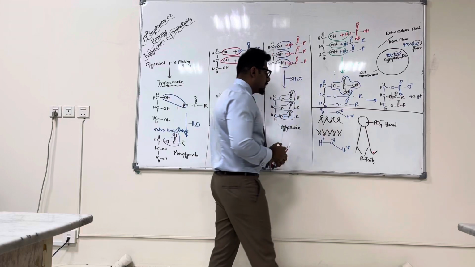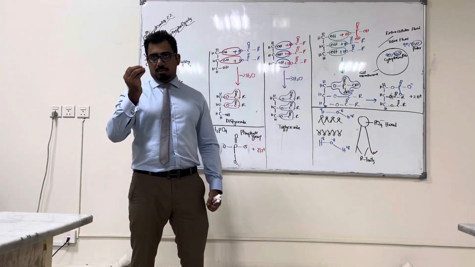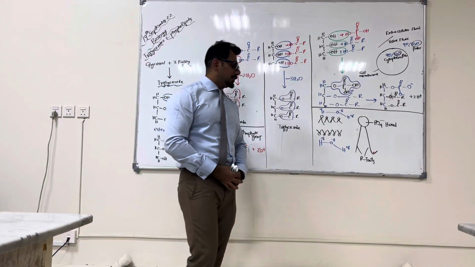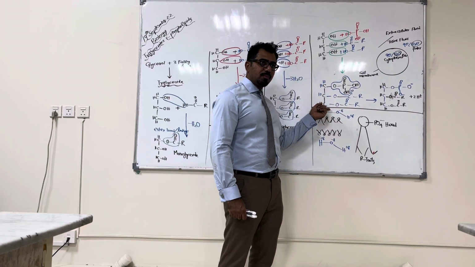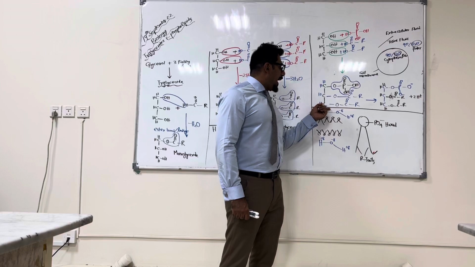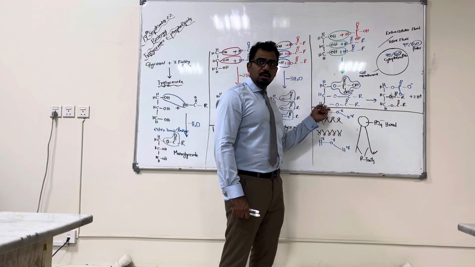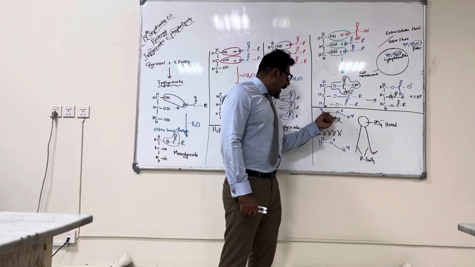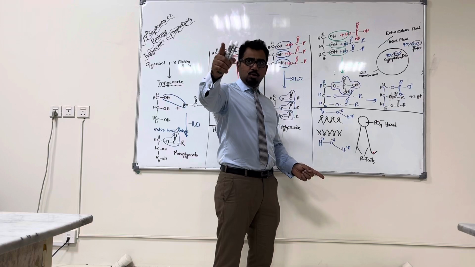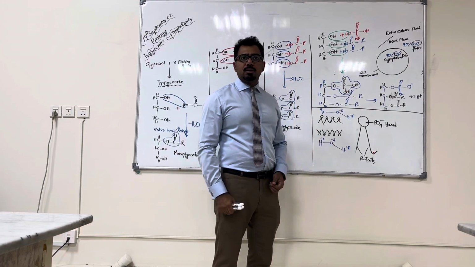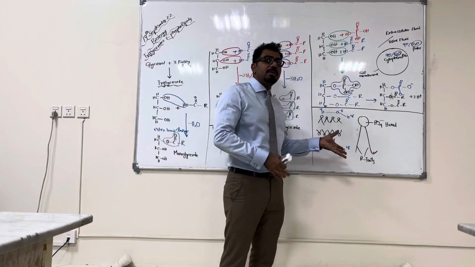Yes, give me a second. Now, this is water, polar, and this is extracellular fluid, tissue fluid. Heads will be attracted towards the water. Polar dissolves polar, so the head part will be dissolved in the water.